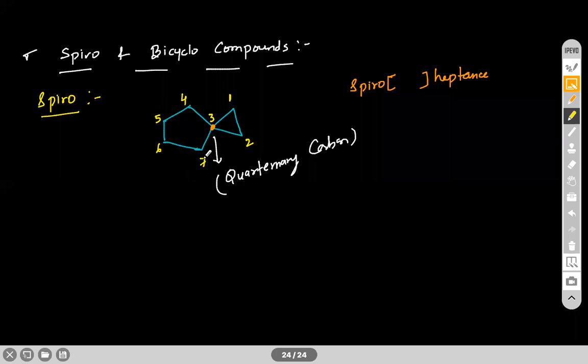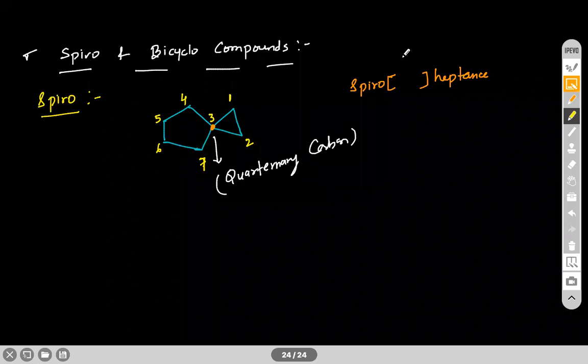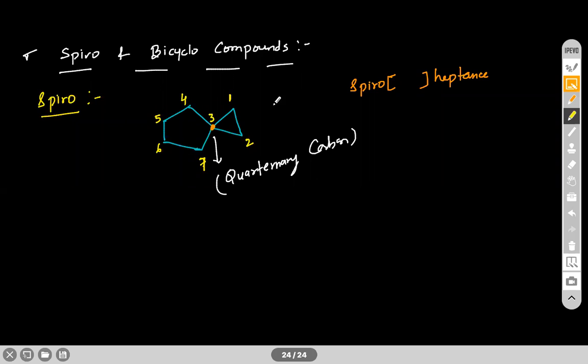Correct? Now here we write down the number of carbon atoms in the two rings, excluding the common carbon. We don't have to count this carbon for the two rings. Except this, we count the number of carbon atoms in the two rings and write down the numbers here in ascending order.